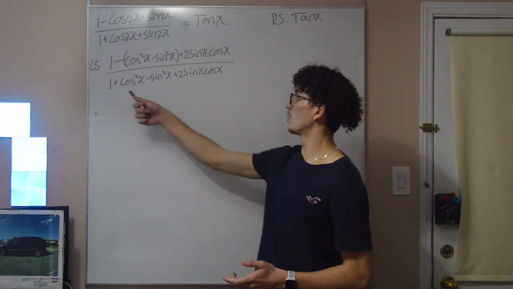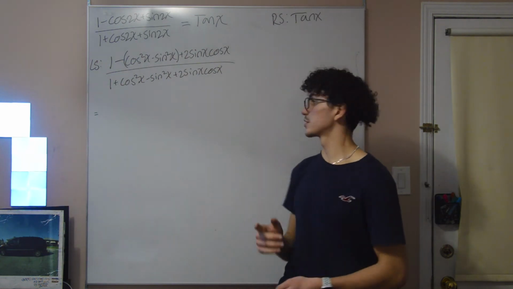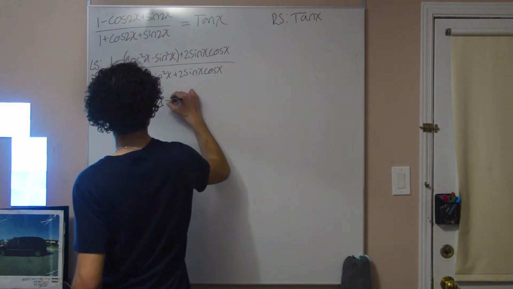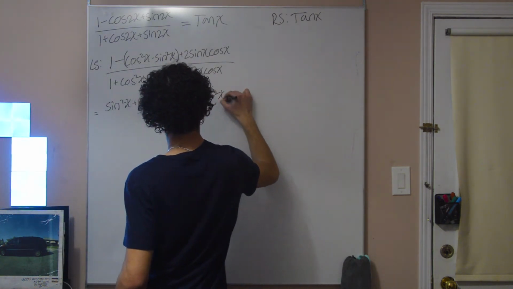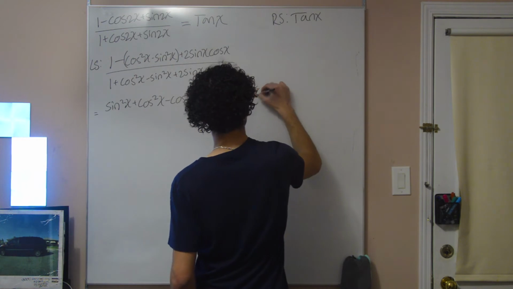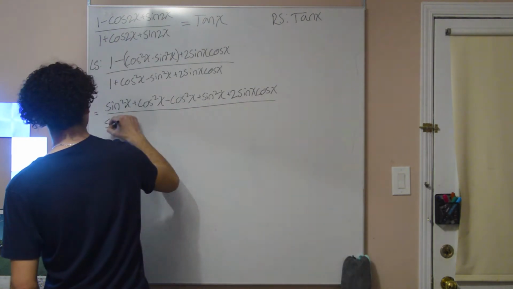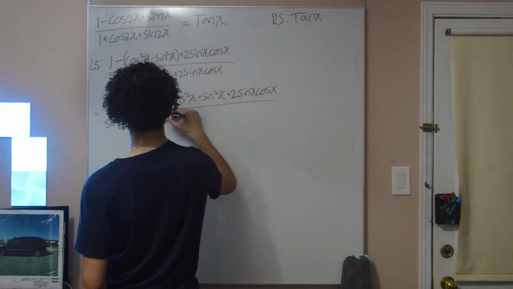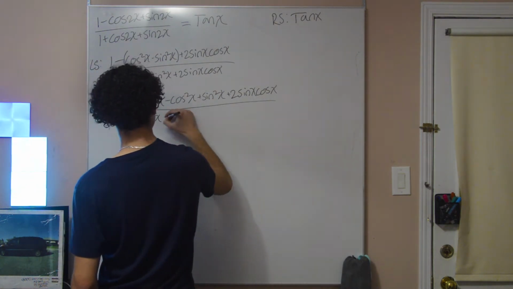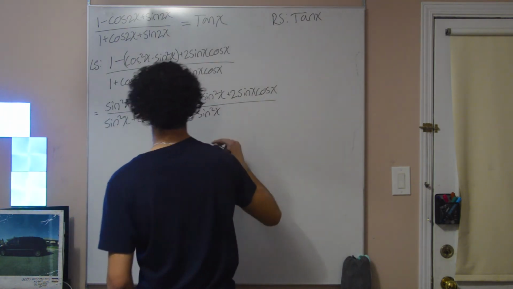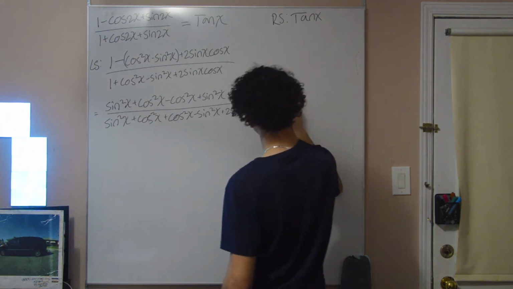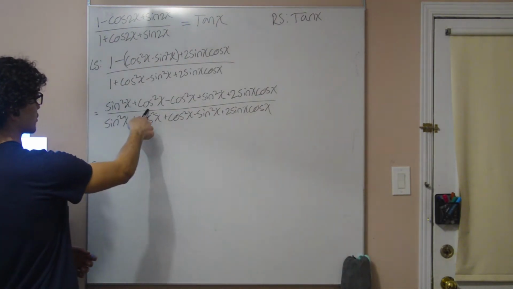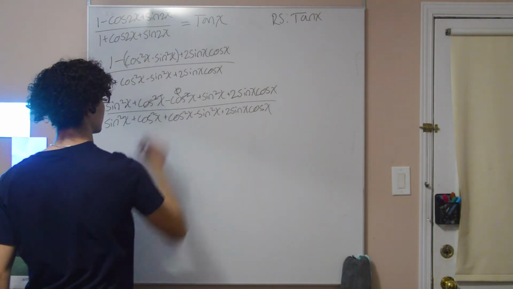I'm also going to change all the 1's into cos squared x plus sine squared x. Okay, now from here, cos squared x minus cos squared x just zeroes out.